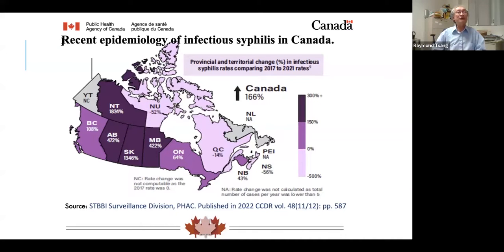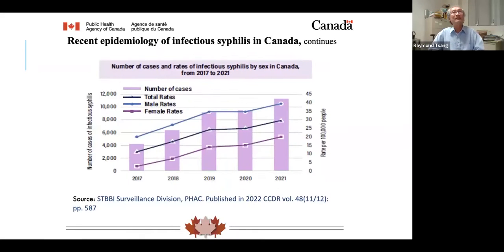It's very clear in this figure that Western Canada and the Northwest Territories have very great increases in infectious syphilis rates from 2017 to 2021, covering over 400% increase in Alberta and Manitoba, and over 1,000% increase in Saskatchewan and the Northwest Territories.